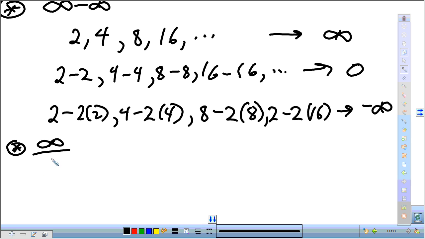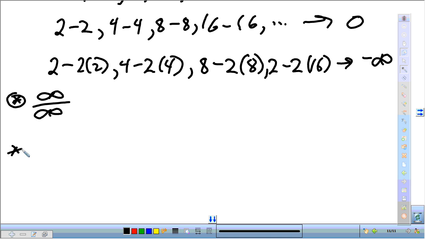Another indeterminate form is if we have large over large. The same thing. It depends on how big the large is, what we could get out of this. So we're not going to assign a value. We said we could possibly divide by 0 if we know the sign, but 0 over 0 won't fall into that.